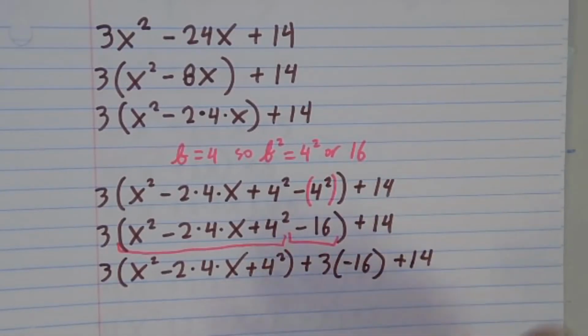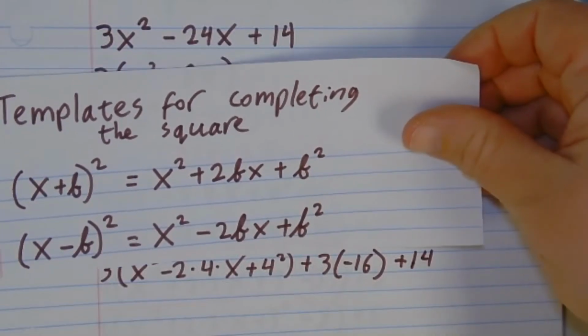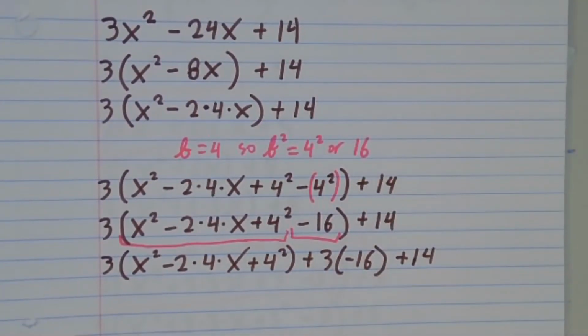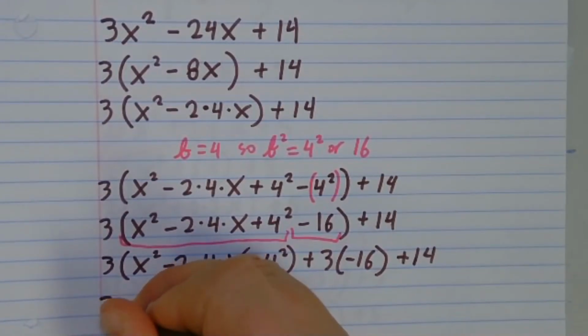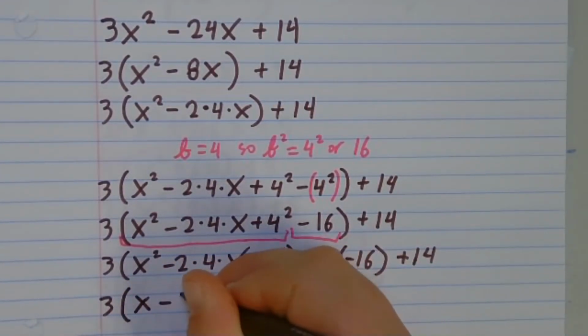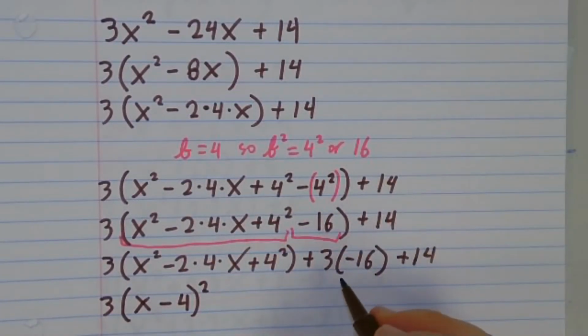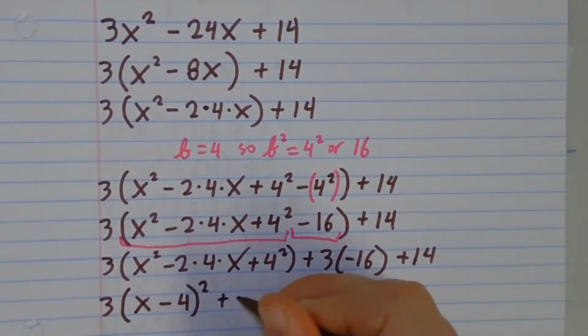So now I have a match for my template. So I can complete the square here, and this one will be x minus 4 squared. And the rest of it's along for the ride.